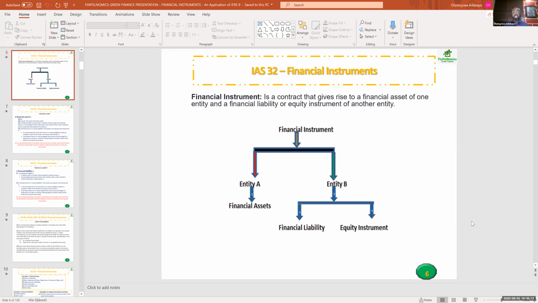While those investors, who qualify as entity A, will be considered to have created financial assets as a result of such a contract. And that's what we are trying to explain with respect to financial instruments.